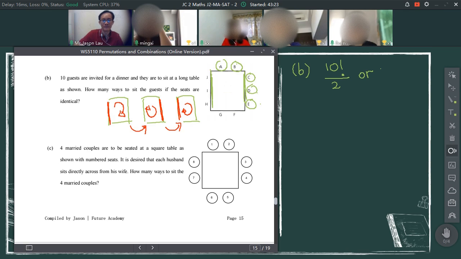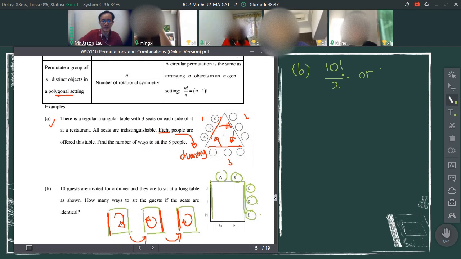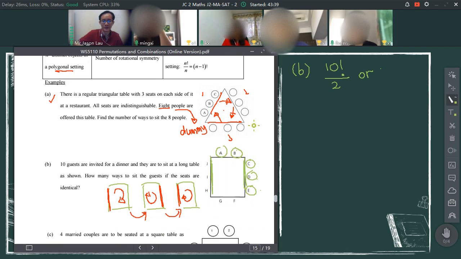Then why is it that in the previous question, we started out with 9 choose 1 times 3? What was the previous one again? The part A one. So for part A, what do we have?